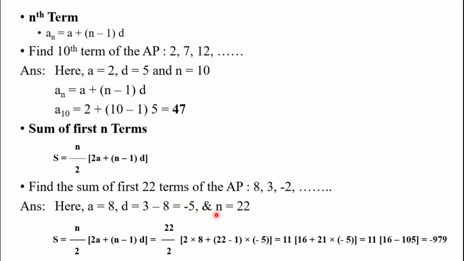Then n is equal to 22, because we have to find the sum of the first 22 terms. Putting the values of a, d and n in the formula, n by 2 times 2a plus n minus 1 times d, we get 22 divided by 2 times 2 into 8 plus 22 minus 1 into minus 5. By solving this, we get the sum of the first 22 terms as minus 979.